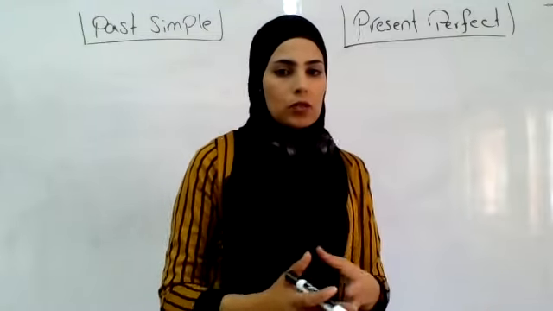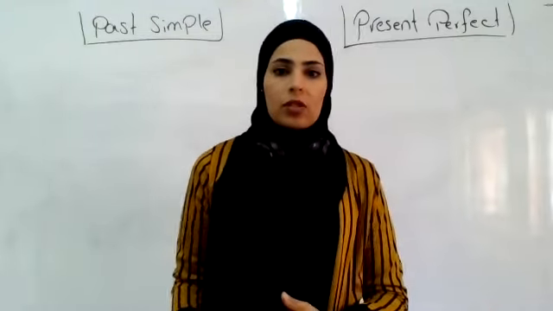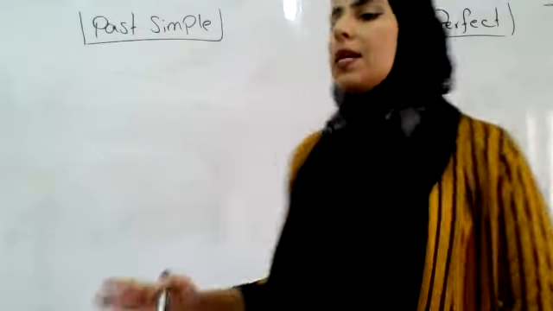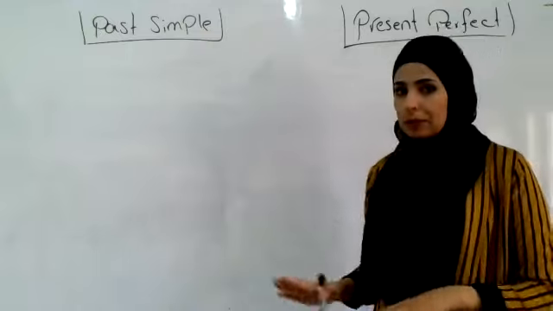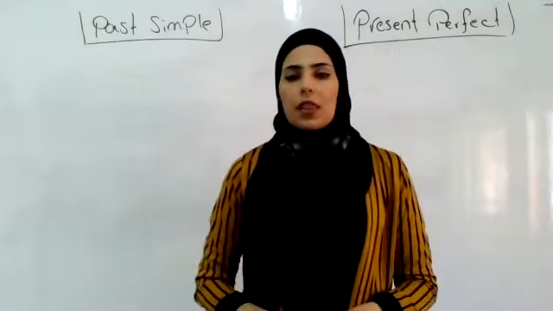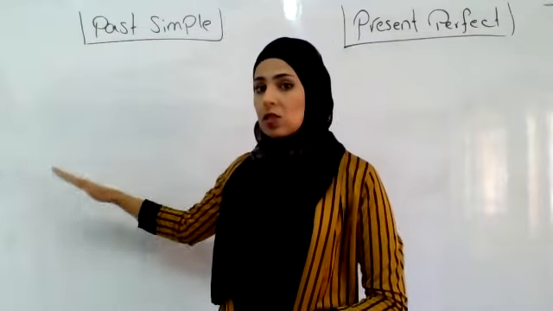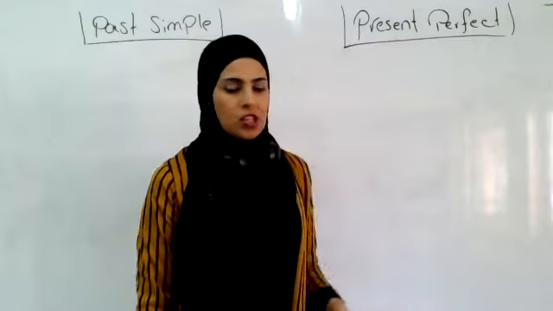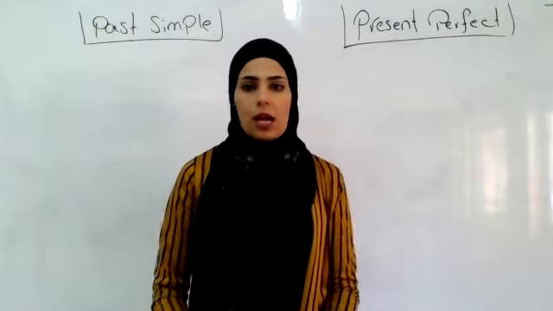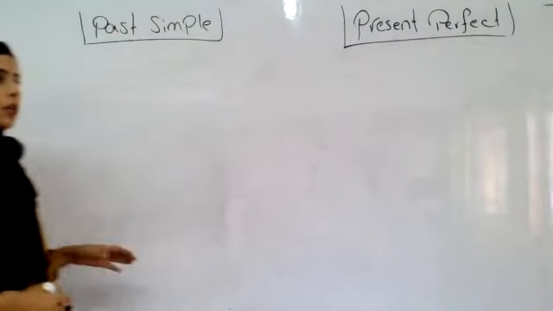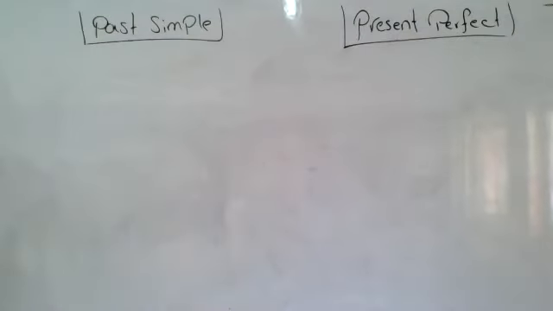But when we are talking about actions that started in the past and continued up to the present time, that means present perfect. So again, in past simple the actions started and finished in the past, while in present perfect the actions started in the past but continued up to the present time.